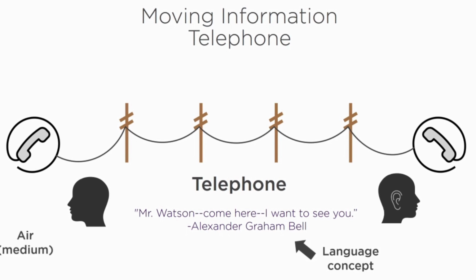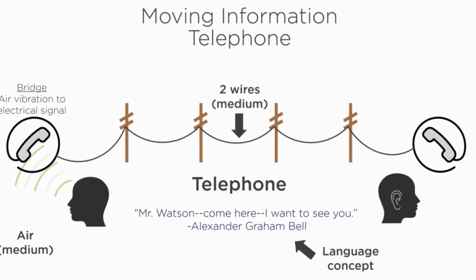So when Bell wants to send this very first message ever sent over a telephone to his buddy Watson, he's going to use his vocal cords and the air in his lungs to vibrate the air, which is going to cause a membrane on the microphone of the telephone to vibrate as well, which creates an electrical signal.